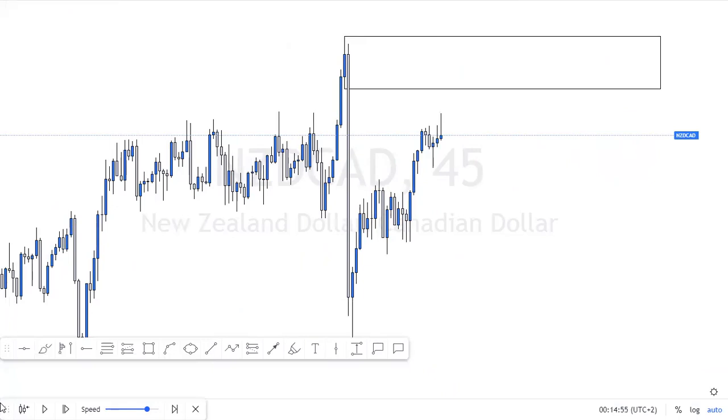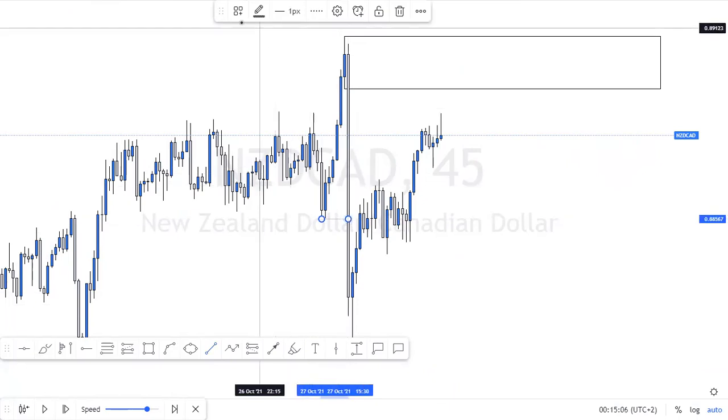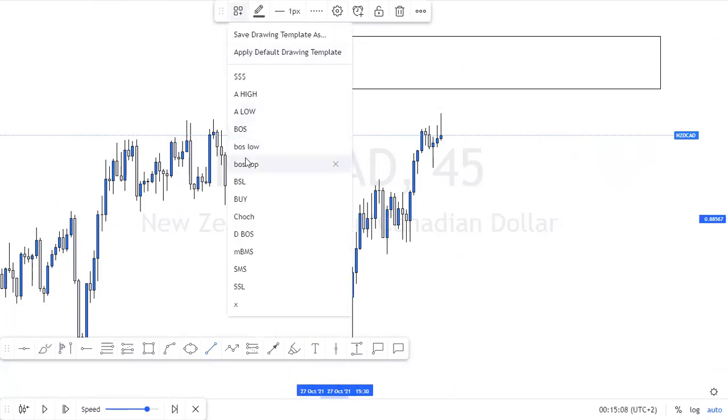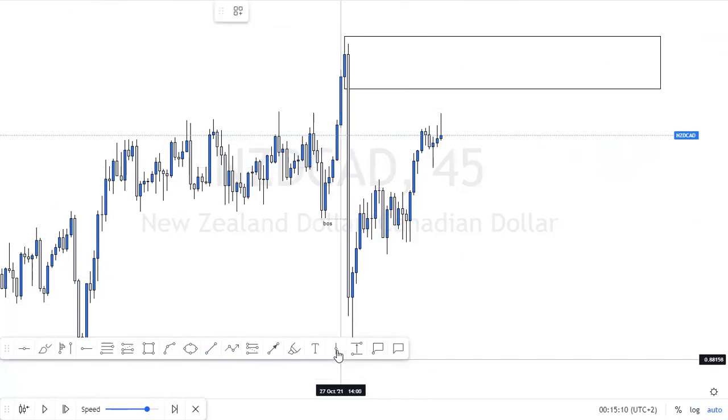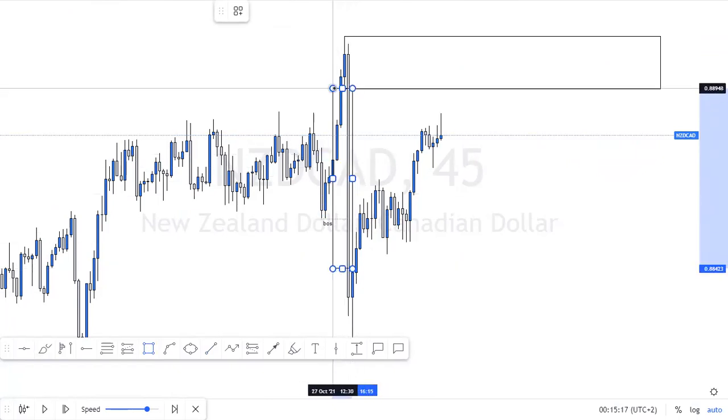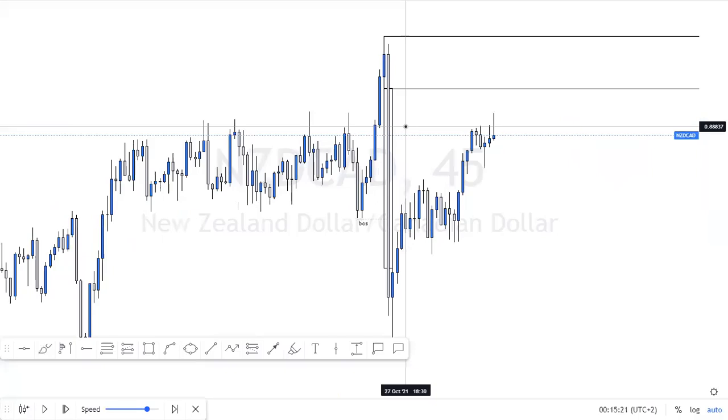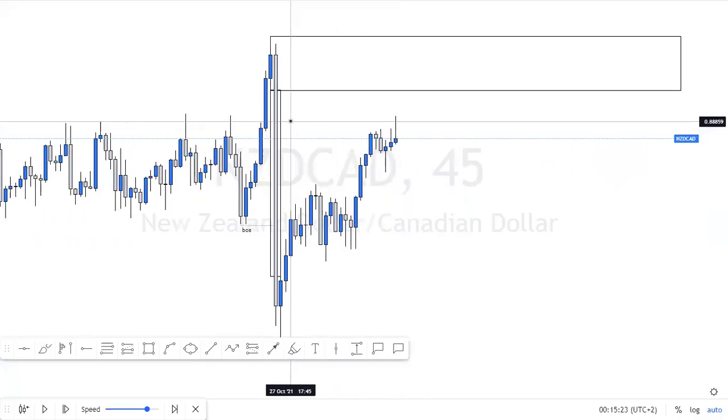This kind of setup, let's just say proof of structure. So you remember what this thing is, it's imbalance. It's imbalance.